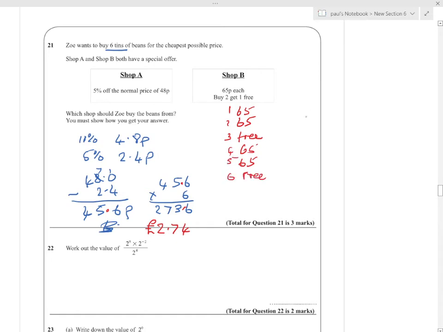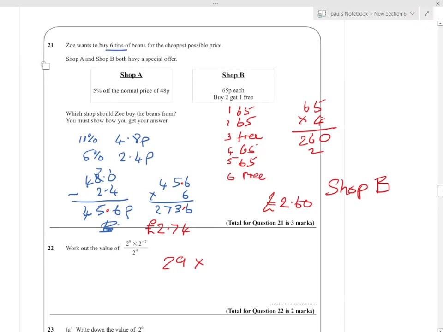So we've got 4 lots of 65. 65 times 4. 4 fives are 20, 4 sixes are 24, 26. So that's £2.60. So what's the question? She should buy them from Shop B because it's cheaper.